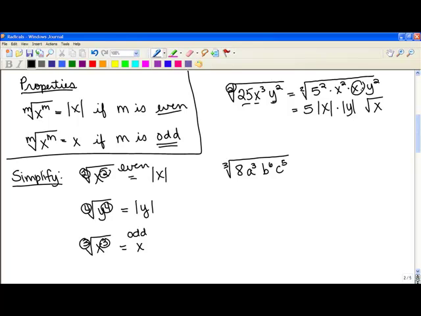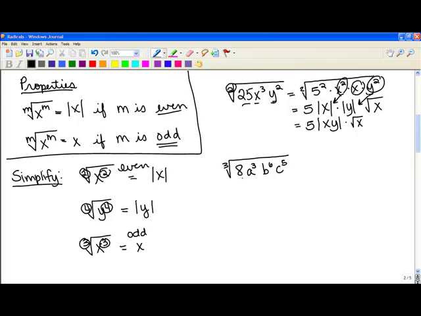So our x to the first power will stay underneath our root. So this will equal 5 times the absolute value of xy times the square root of x. Notice that we're taking out the powers of 2 here, and they're taken out of the radical with absolute values because of our property.